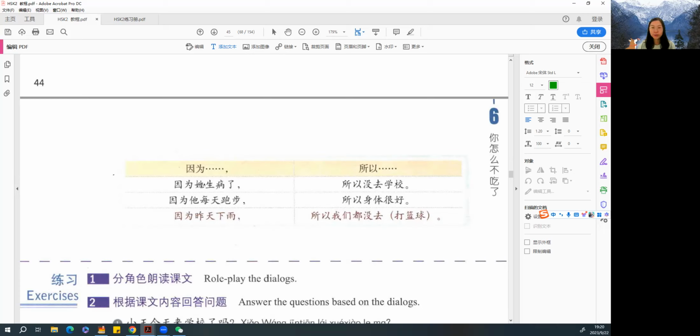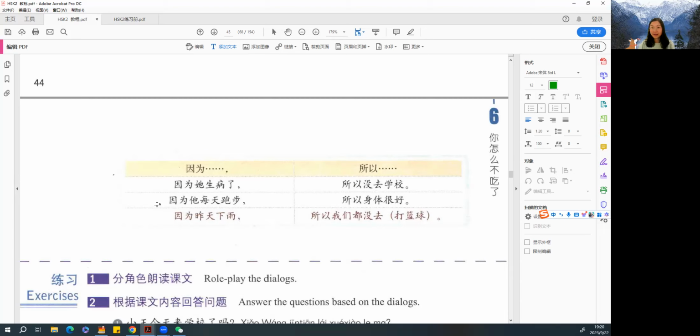Because we already use 他, we know who we are talking about, so there's no need to say 所以他没去学校. That is of course correct, but if we ignore the 他, simply 所以没去学校, it's also correct, people can understand.